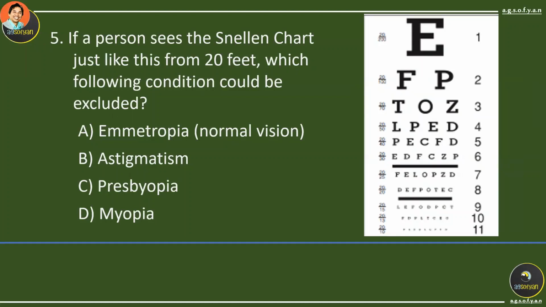Now, number 5, if a person sees the Snellen chart just like this from 20 feet, which of the following conditions could be excluded?